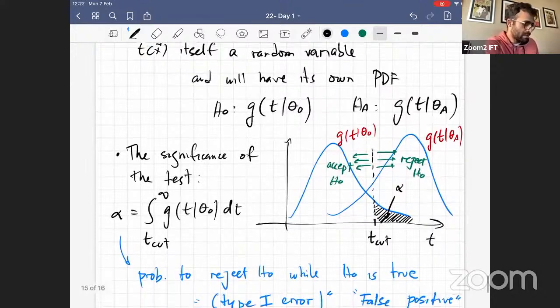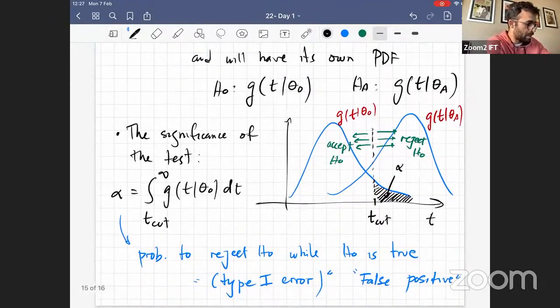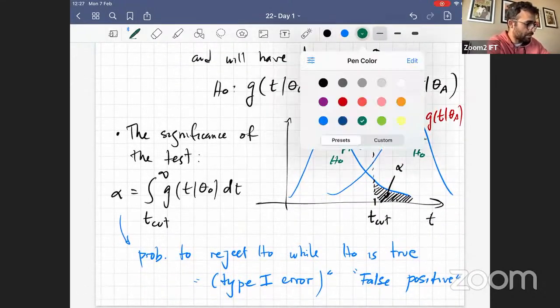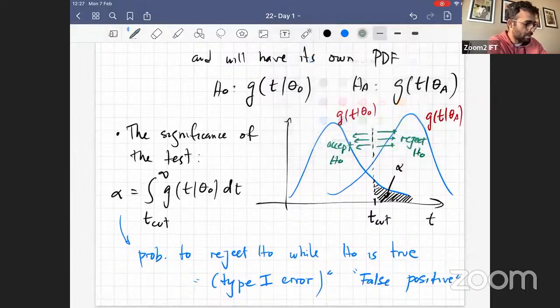So I'm integrating over the alternative hypothesis, right? So I have this part here. This part here is beta.